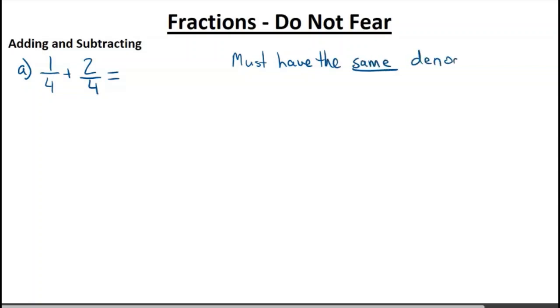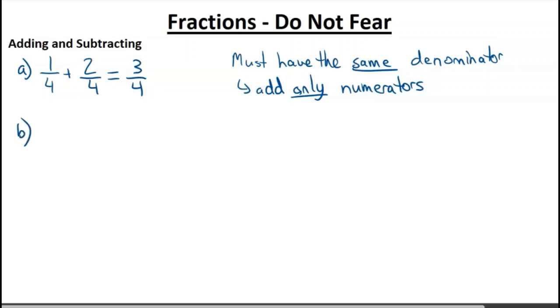If they have the same denominator, then you add only the numerators together. So here we go. 1 plus 2, because the denominators are both 4, is 3. That was fairly straightforward. They're going to get more complicated now. But let's see if we can apply that principle to each of the following questions.